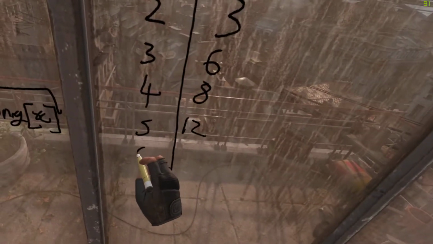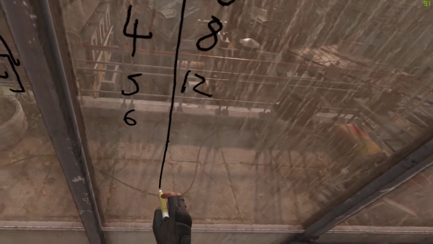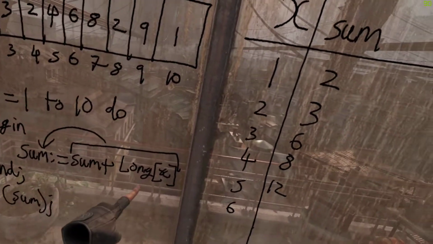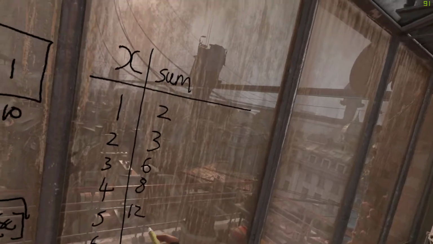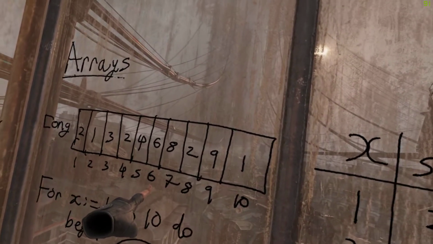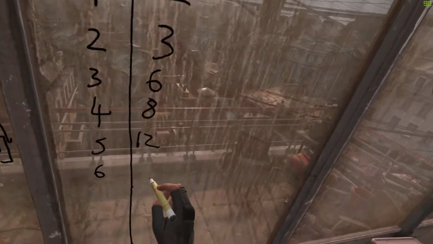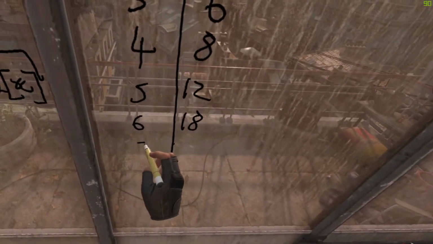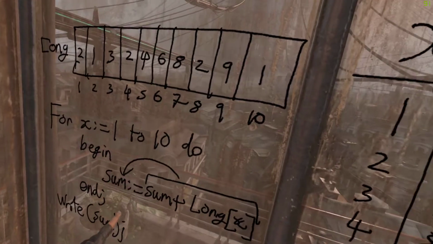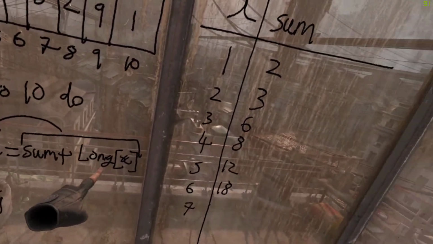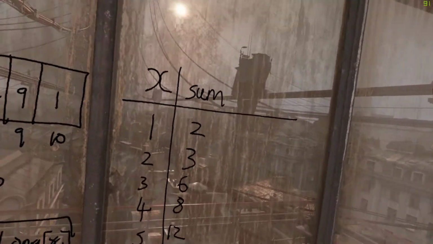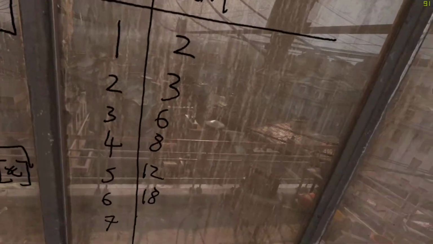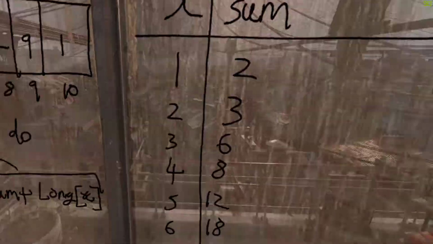Go back up. X becomes 6. So sum plus long[6]. That's 12 plus 6, 18. Go back up. X becomes 7. Sum plus long[7]. So that's 18 plus 8, that is 26.